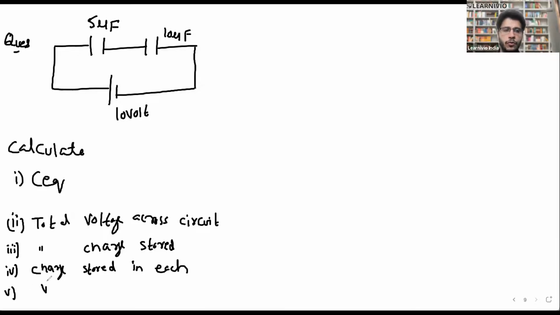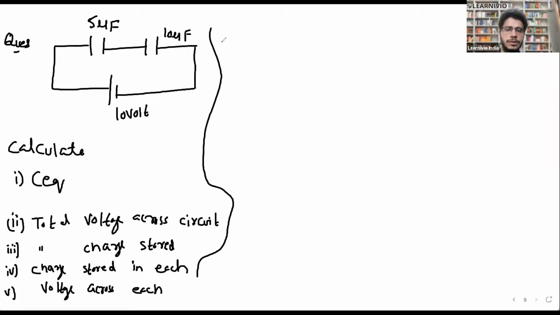Fifth part: voltage across each. Sixth part: energy stored in each capacitor.